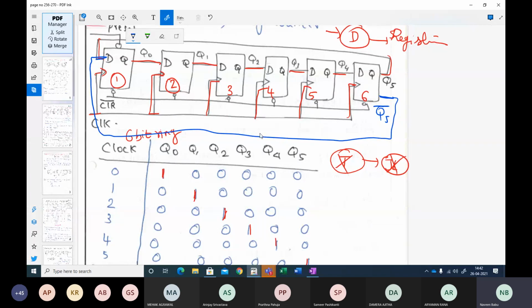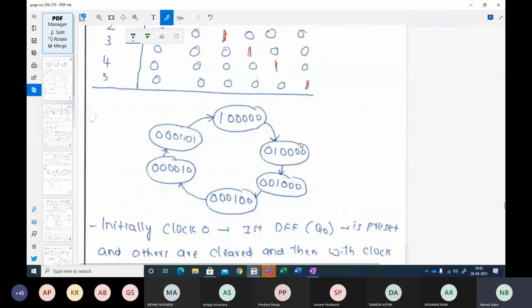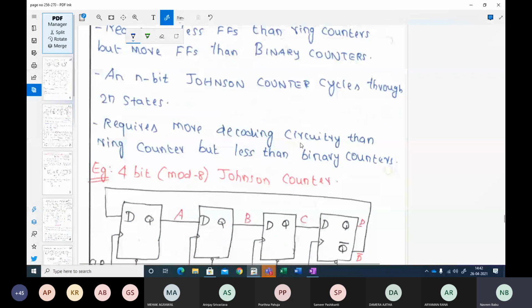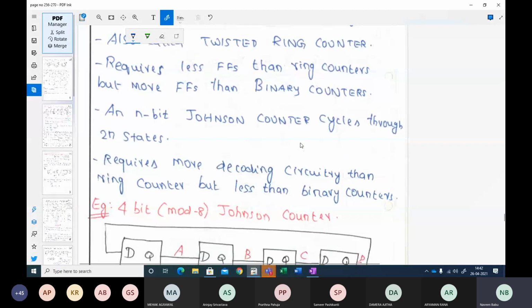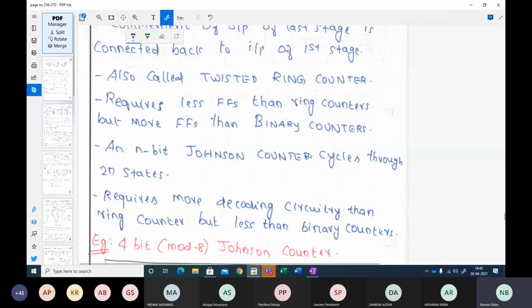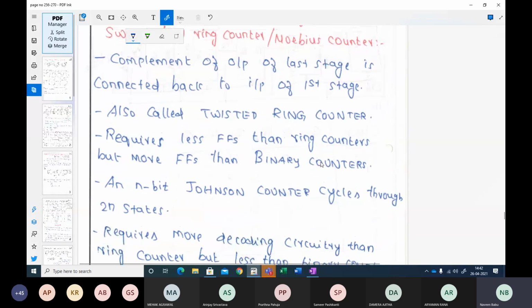Then how will our sequence change, and what will be our counting sequence? Before coming back to that, we will look at the circuit. So these are also called twisted rings. It is a ring counter indirectly, but it is a twisted ring. Our last complemented output is fed as an input.